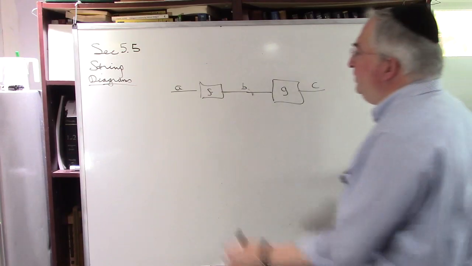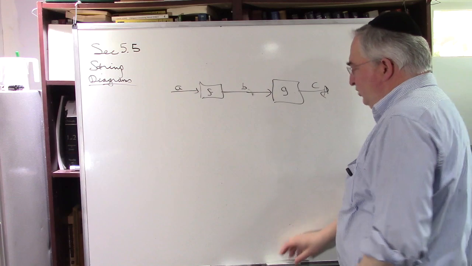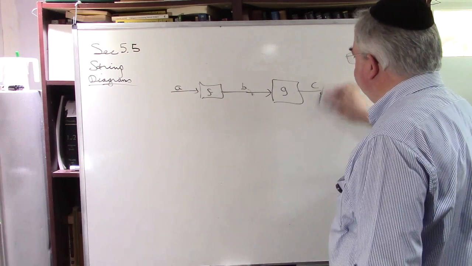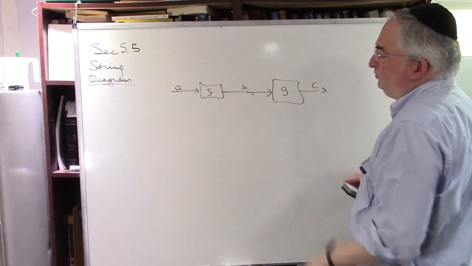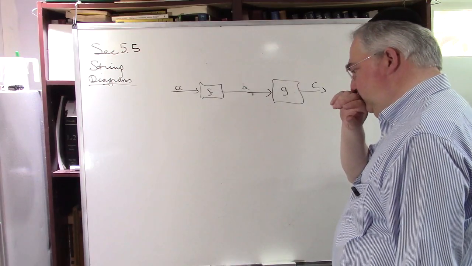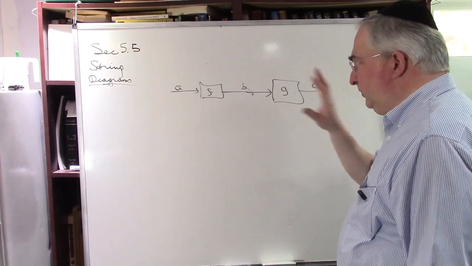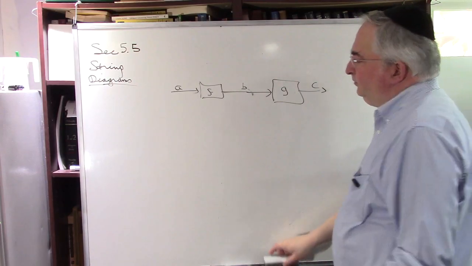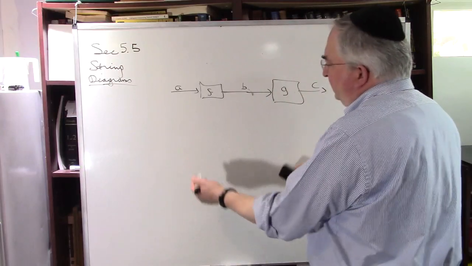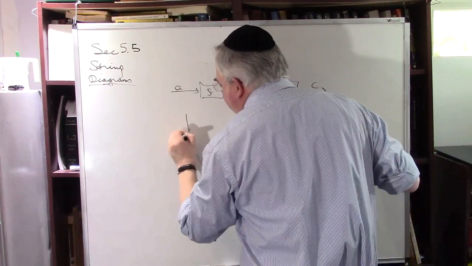And again, sometimes we might want to put in arrows here to show the direction that they go. And again, sometimes people draw these things going up, and sometimes people draw these things going down.